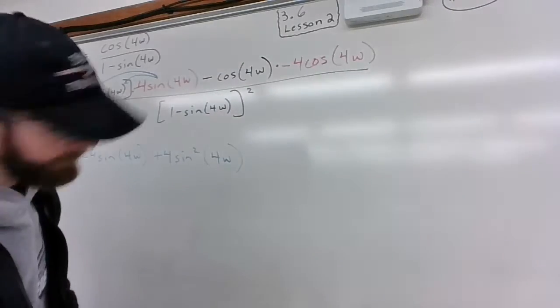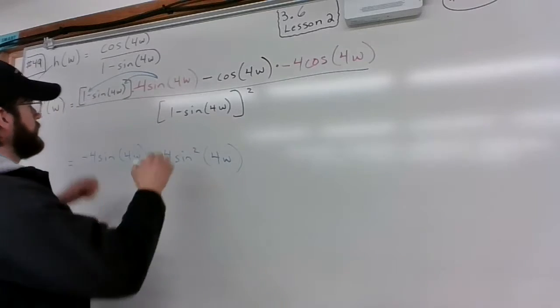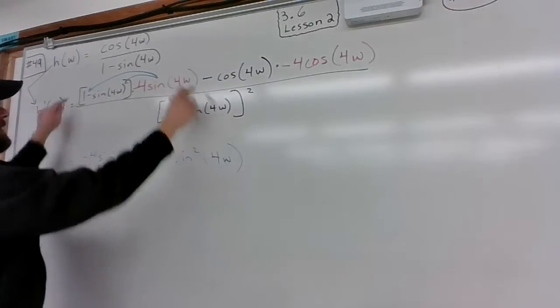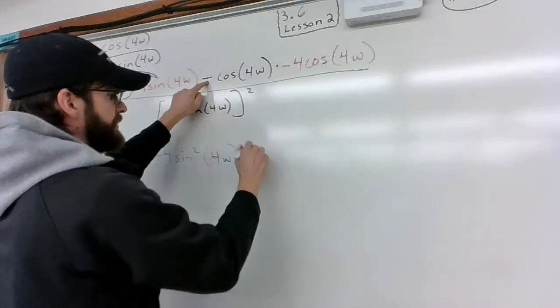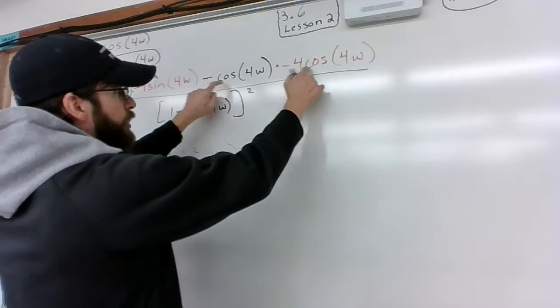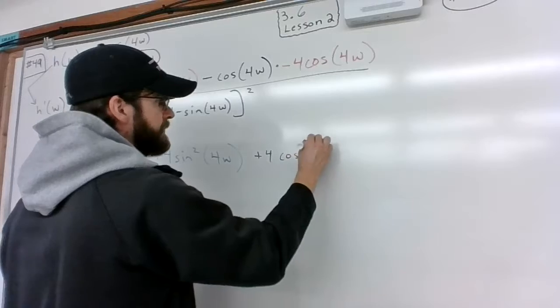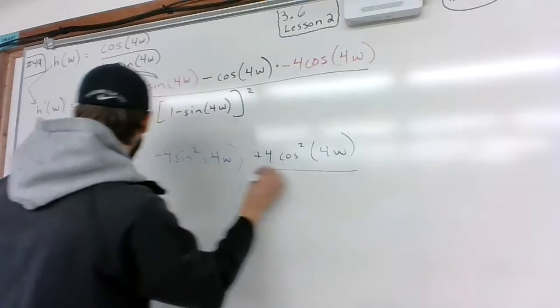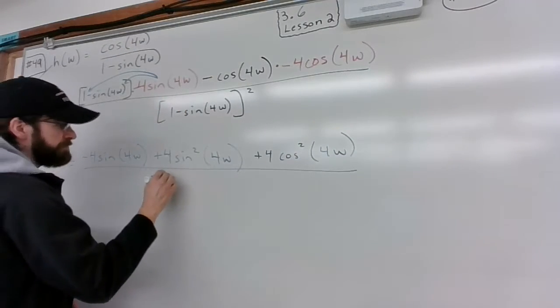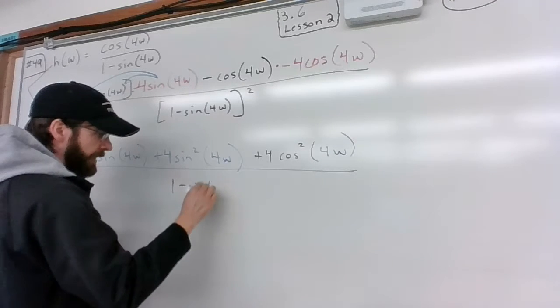That's kind of light. Let's go to the purple. So took care of this. Now, plus 4 cosine squared of 4W. All of that's divided by, still, 1 minus sine of 4W squared.